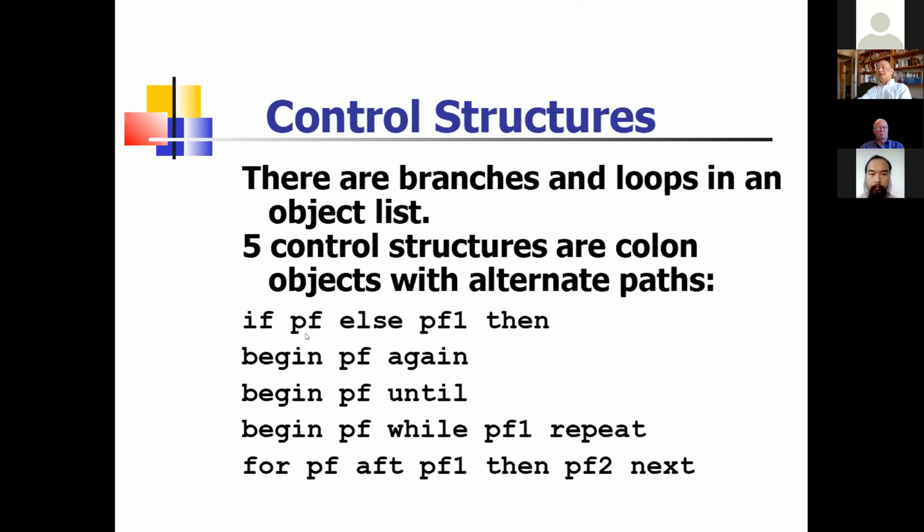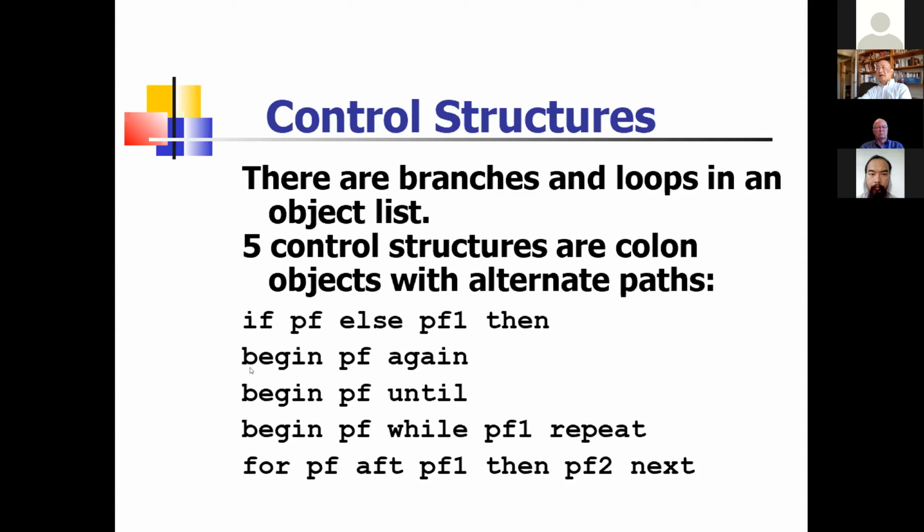Depending upon the contents of these structures, you construct the object with PF, PF1, and PF2 lists. And when you execute them, you just pick up the proper branches and execute them.